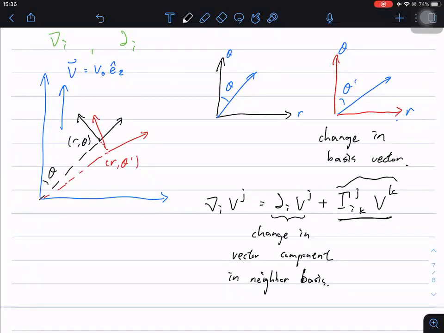I think in mathematics there's some fancy name for the Christoffel symbol, if I didn't remember it wrongly, something like connection one-form. I think it's a more accurate name for it, because the Christoffel symbol is basically connecting the basis vectors of two neighboring points and describing how they changed. Okay.